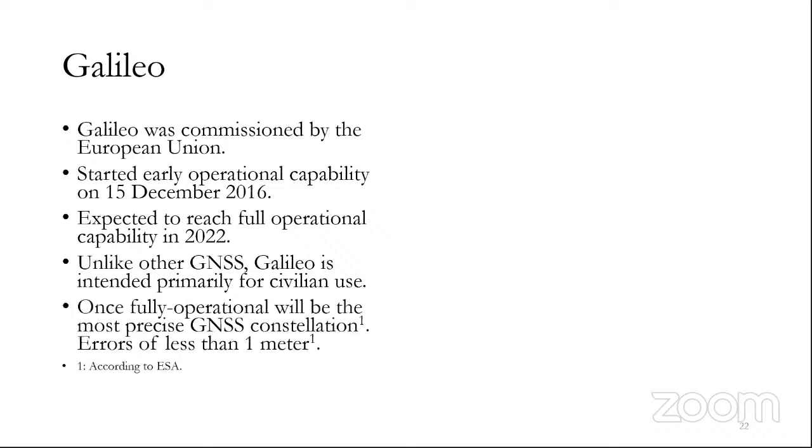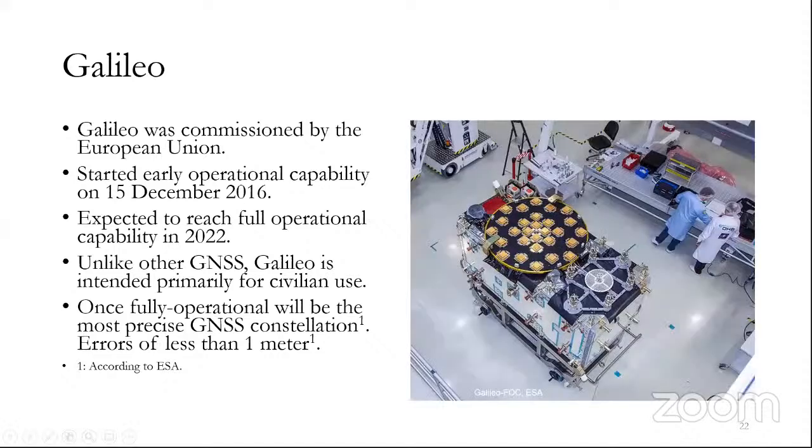And once it's fully operational in 2022, the European Space Agency claims that it will be the most precise GNSS constellation, more precise than GPS and GLONASS, with errors expected to be less than 1 meter. This is one of the Galileo satellites. This is going to be the antenna of the satellite to transmit the GNSS signal.